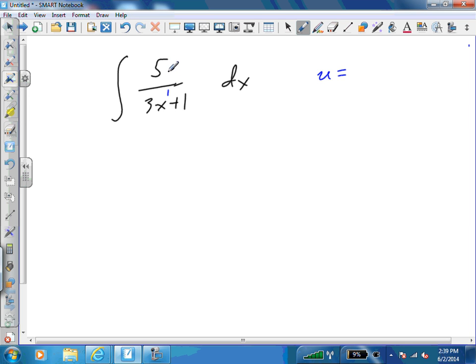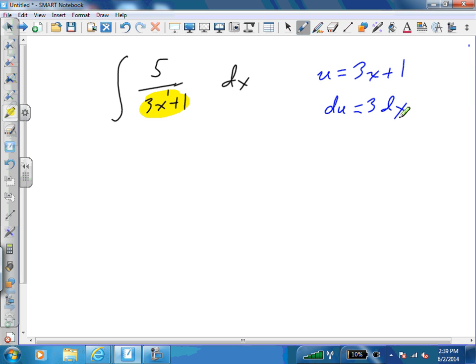If the degree of the numerator is 1 less than the denominator, then try to let your denominator be u, because when you take the derivative to get du, you're going to go down a degree, if it's a power rule. Notice if we let that be u, then what is du? 3 dx. We don't have any extra variables that are beyond what we need. So basically, this is u.